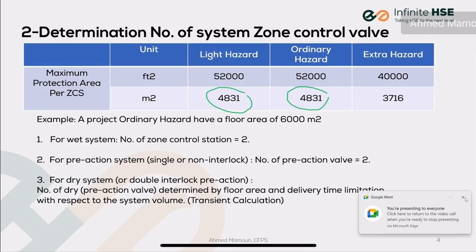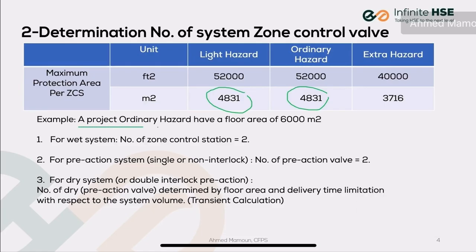For example, if we have an ordinary hazard project with a floor area of 6,000 square meters, we can calculate the number of wet system zone control stations by dividing 6,000 by this number. We will get that the number of zone control stations will be 2.